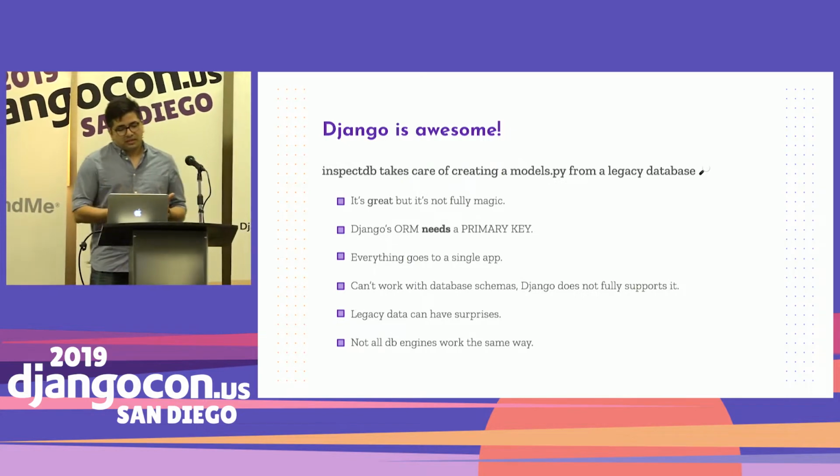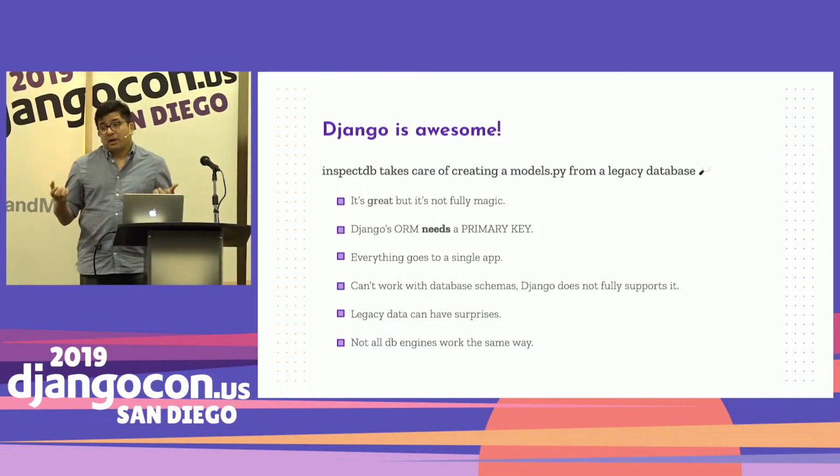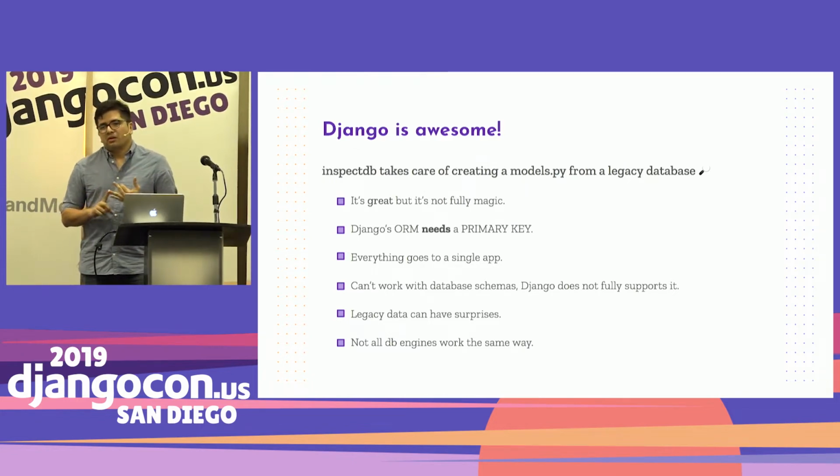So it works great. Django ORM needs a primary key. It's a rule, and we cannot avoid it. Sometimes we have old legacy data designed by people that maybe didn't need a primary key, so we have to either add one explicitly, or see if there is a primary key on the table and it's not correctly indicated in the table structure.